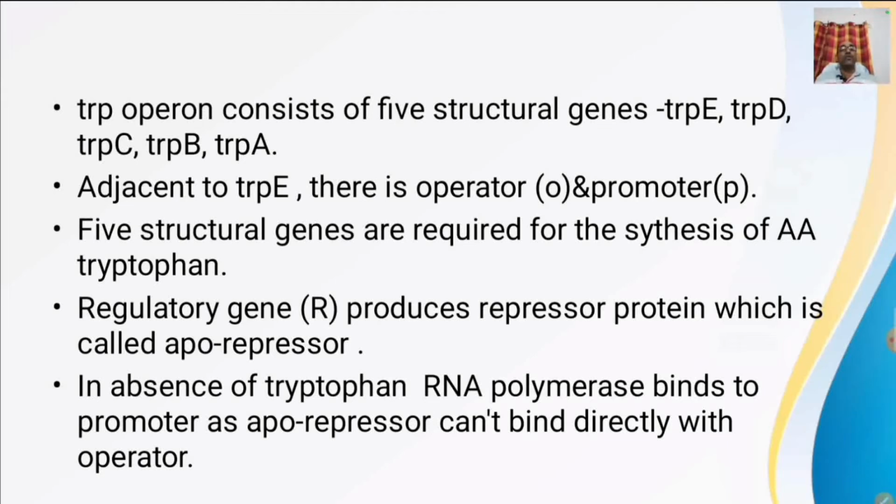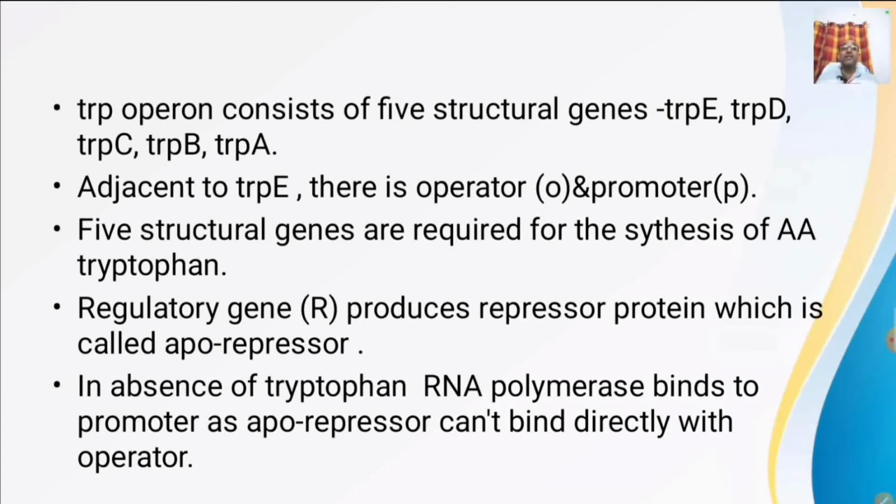Now when tryptophan is absent, the RNA polymerase binds to the promoter, and as the aporepressor cannot bind directly to the operator, very easily the RNA polymerase can move through the structural genes and transcribe all these structural genes, which will later help in the formation of tryptophan amino acids.